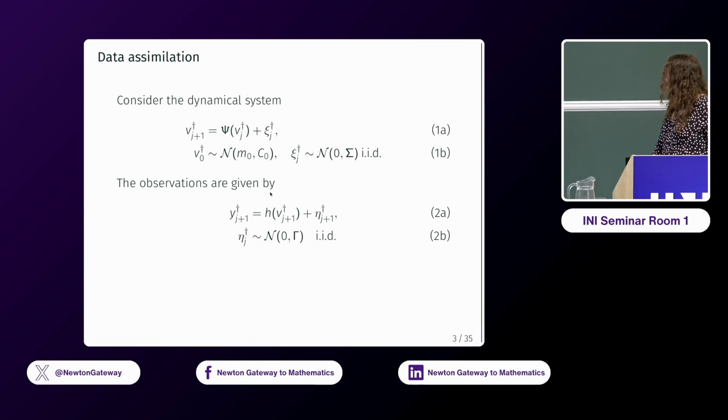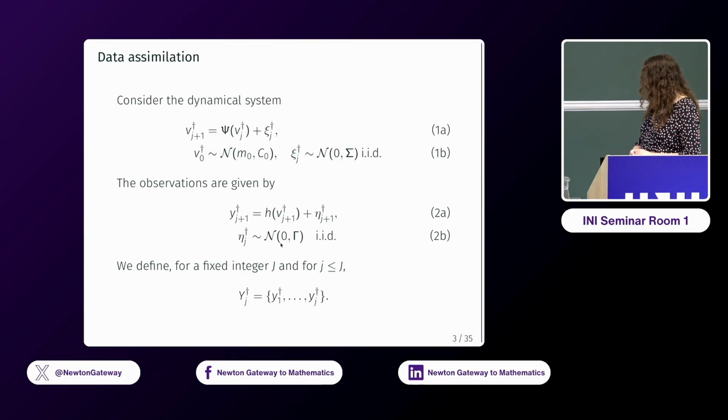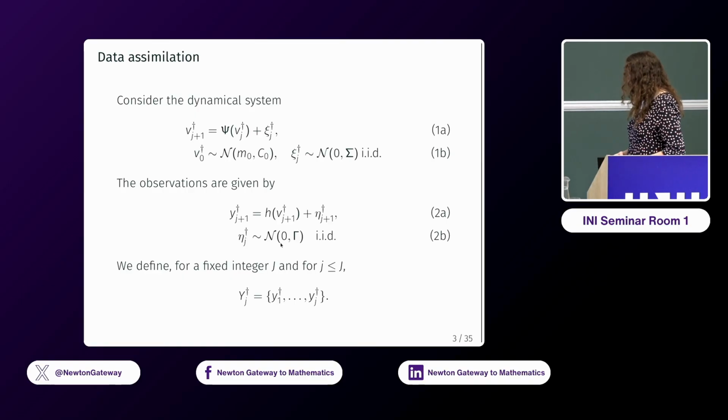We apply an observation operator to the state and add some noise. In general, the observation operator will select part of the state, so they can be partial and indirect observations. And then I'll use this notation capital Yj as the accumulated observations from time 1 up to time little j.